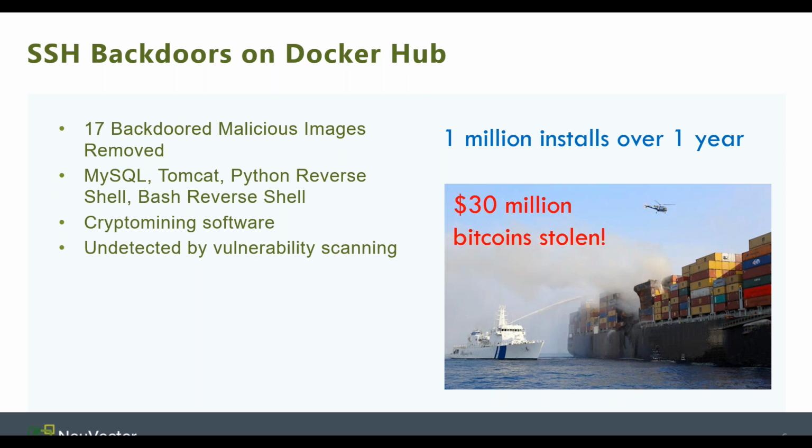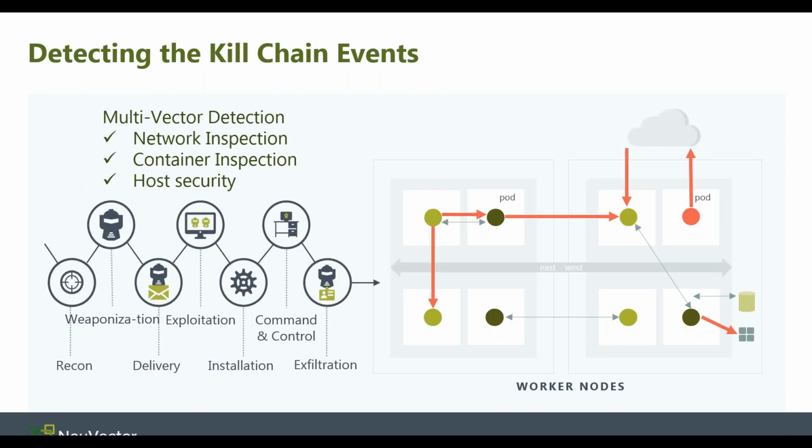They have some Bash reverse shell. They even have crypto mining software there. It just sits in the container. All the scanning tools just cannot find it because it's open source and they build it. They generate new binaries. You don't have a signature. The signature-based solution will help, but cannot really address those hidden backdoors efficiently.